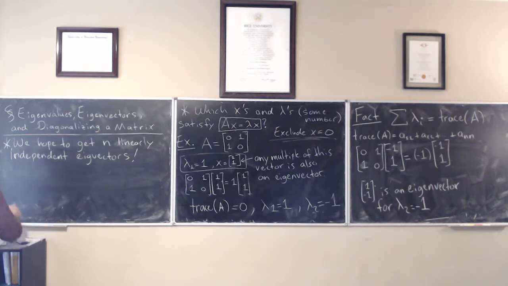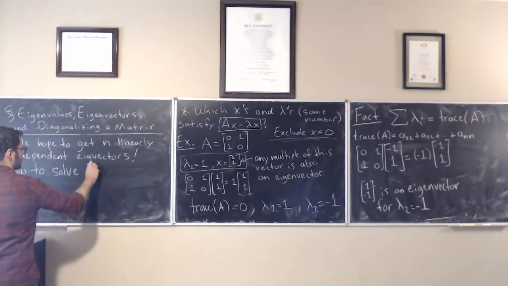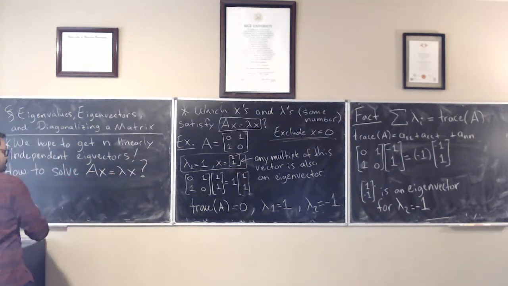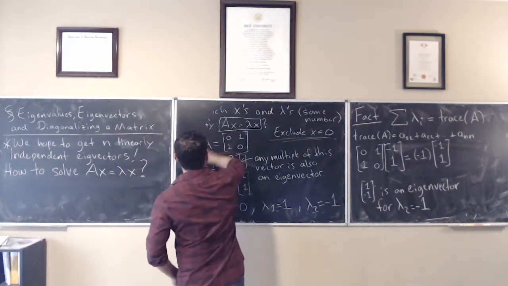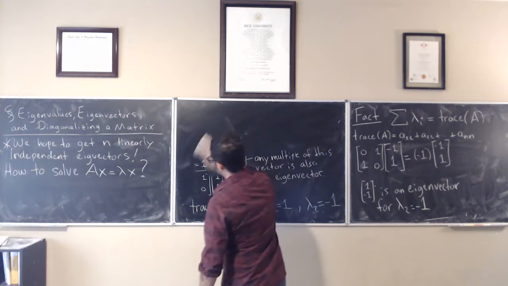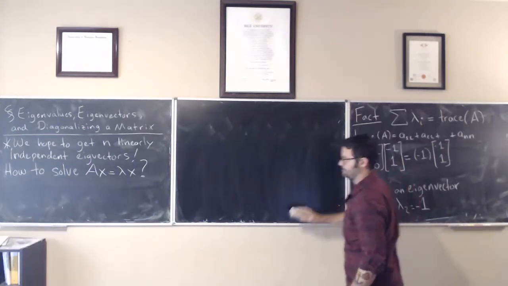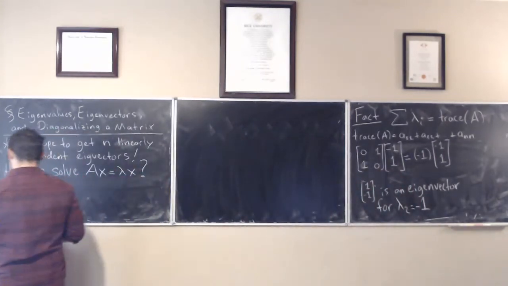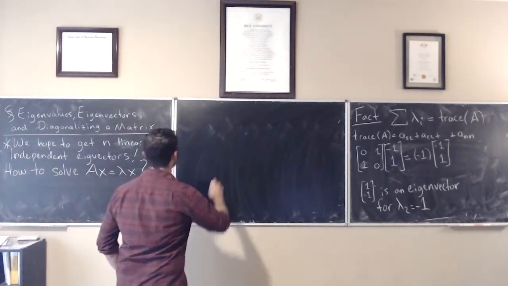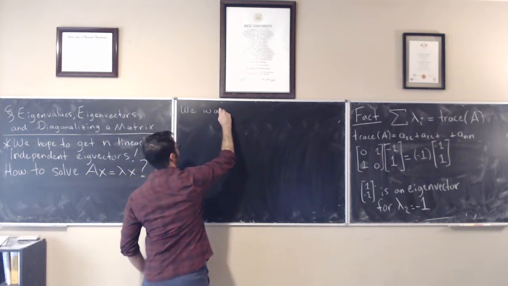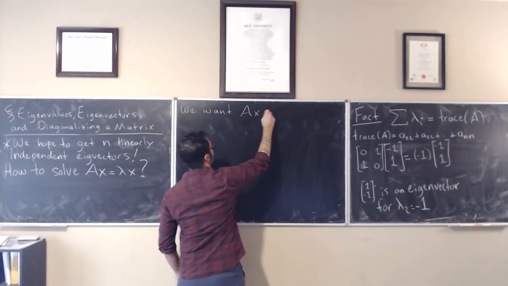So, okay. How do we solve this now, in general? Again, we're not necessarily interested at all in the zero vector. So we want Ax equal to lambda x.